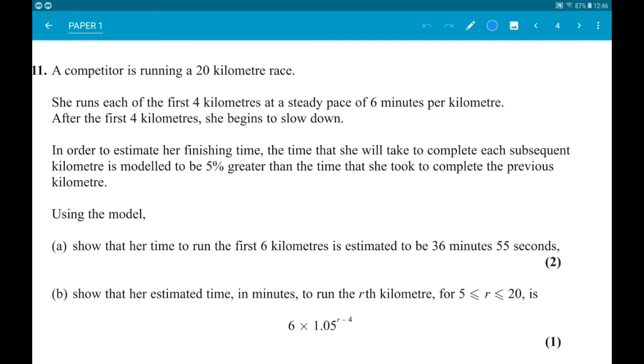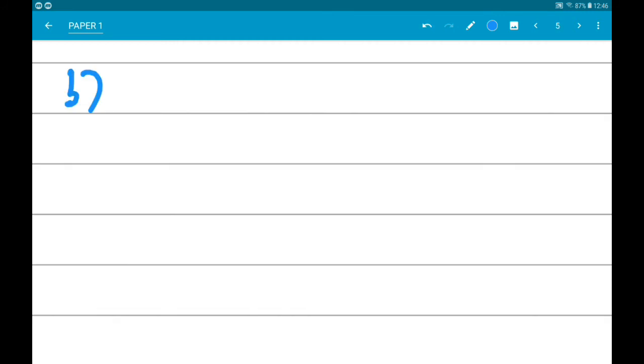So really, we've already done this, but we know the 5th was 6 times 1.05 to the power 1, or 5 minus 4.